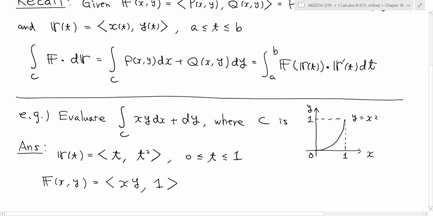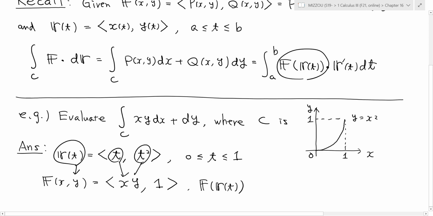Then all you have to do is just calculate. First you plug the parameterization into the vector field: x is t, and y is t squared. So all you have to do is plug in here to here and here to here. So we have t times t squared, and y is just 1. This is t cubed, 1.